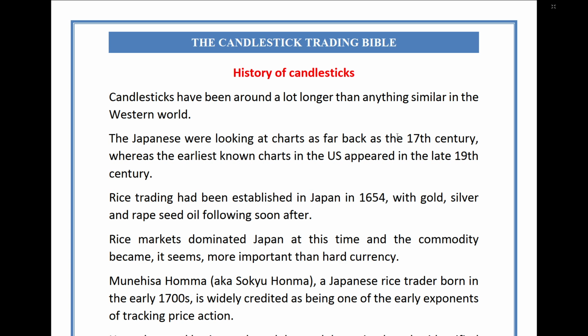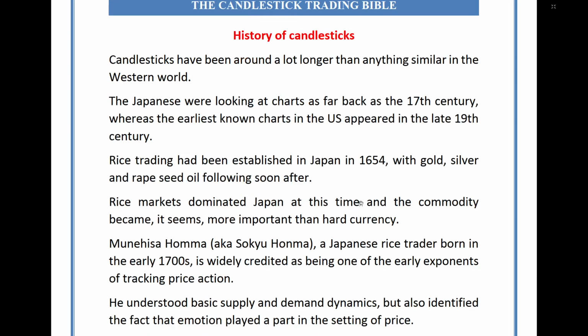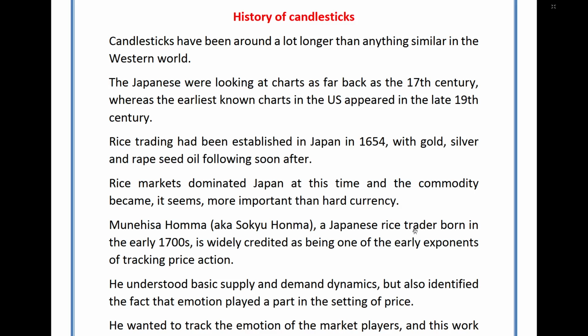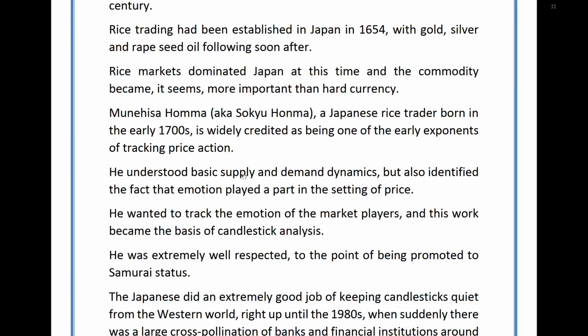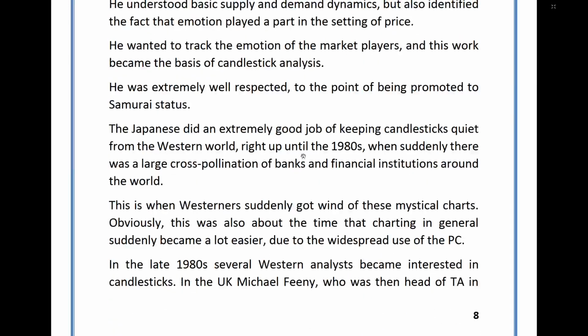Rice trading had been established in 1654, with gold, silver, and rapeseed oil soon after. Rice markets dominated Japan at this time, and the commodity seems to have become more important than hard currency. Munehisa Homma, a Japanese rice trader born in the early 1700s, is widely credited as being one of the early exponents of tracking price action. As you can see, there is the history of the man and how he came up with the strategy.